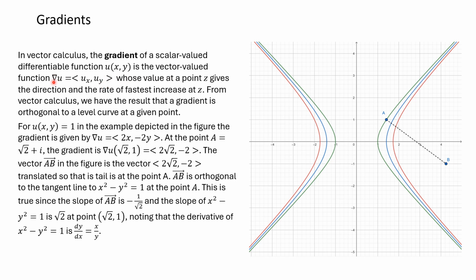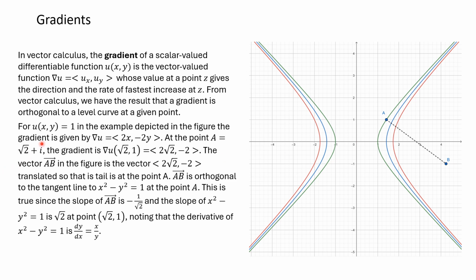And this gradient gives the direction and the rate of fastest increase at some point z. And also from vector calculus, we know that the gradient is orthogonal to the level curve at a given point. So at this point A, if you take the tangent at A, the gradient is this vector AB, and it's orthogonal to the tangent line there.